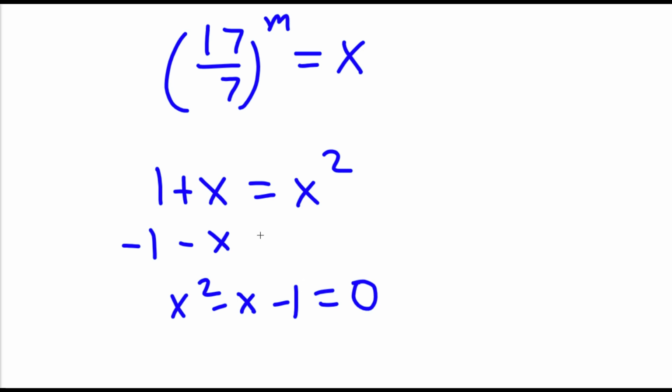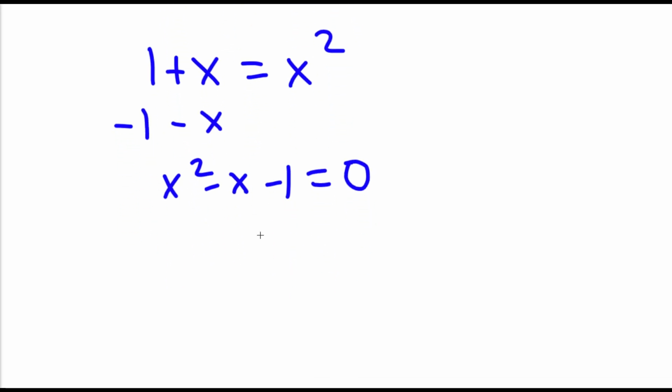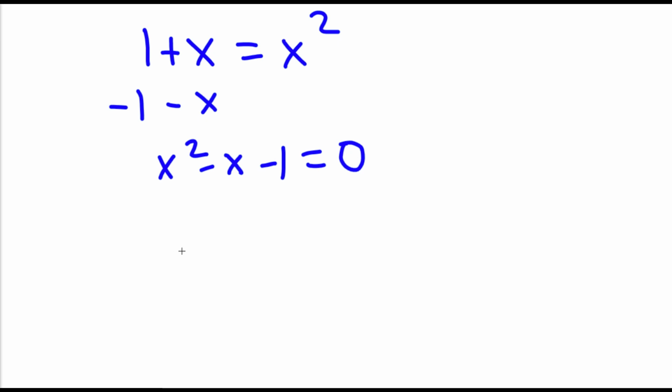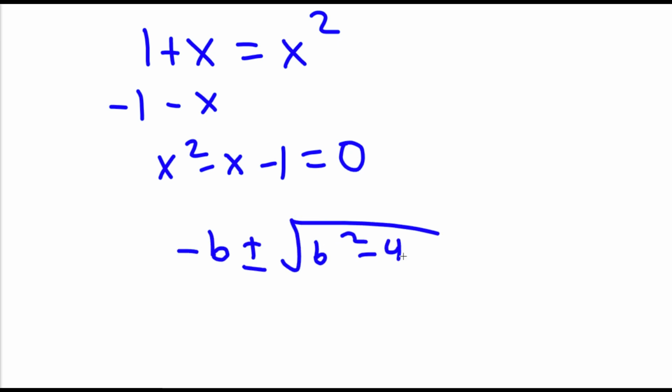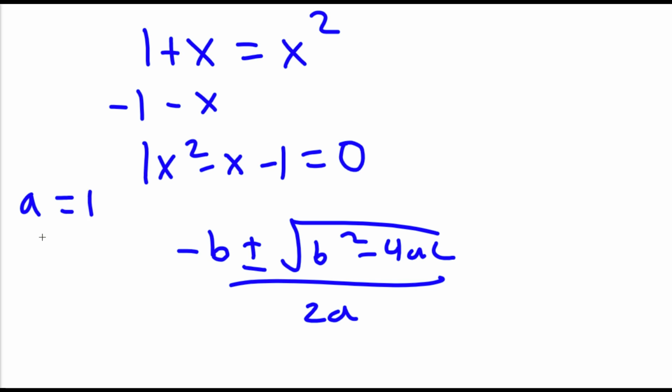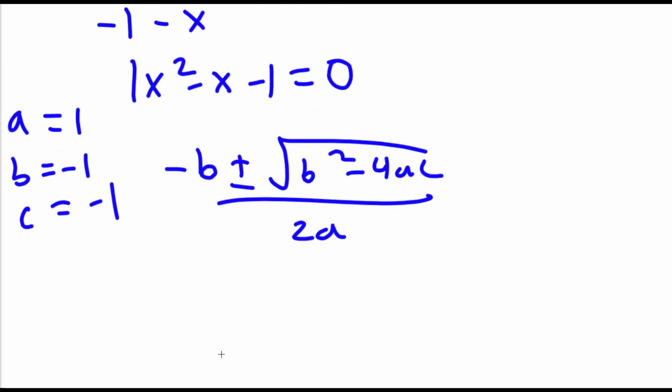And this is now a quadratic equation, which I can solve using the quadratic formula: negative b plus or minus the square root of b squared minus 4ac, over 2a. In this case, a is equal to 1, b is equal to negative 1, and c is equal to negative 1.